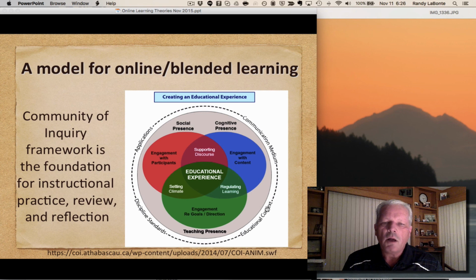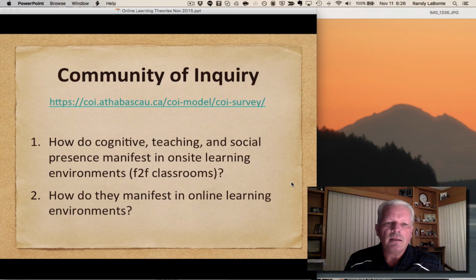That model captures some of the issues around social presence, cognitive, as well as teaching presence, and it captures those interactions that Michael Moore talked about in the early days of distance education. So I really encourage you to take a look at the model and to certainly discuss it as part of anything that you're working with.